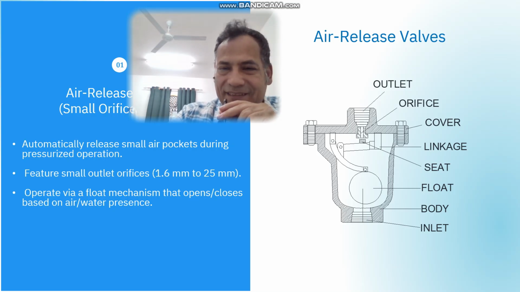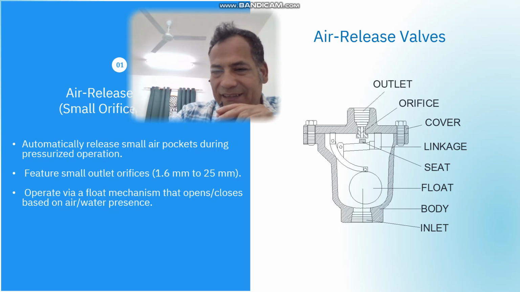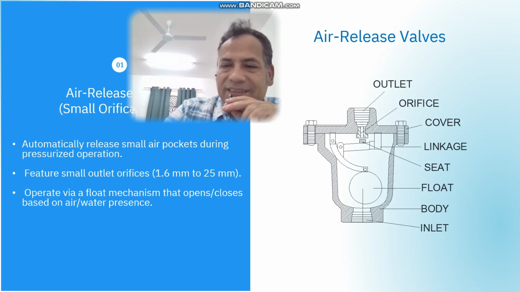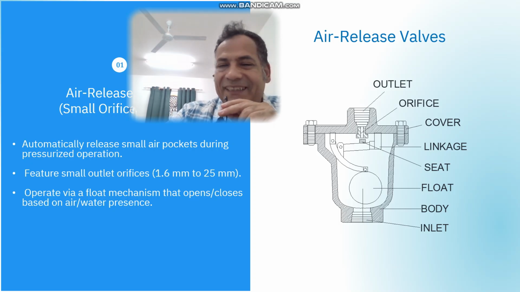If you see this mechanism, one float is there, and this float connects to a linkage. Whenever water comes inside the body, the float comes up, and because of this linkage, the seat closes the orifice, and then the valve will be closed and water cannot go outside.